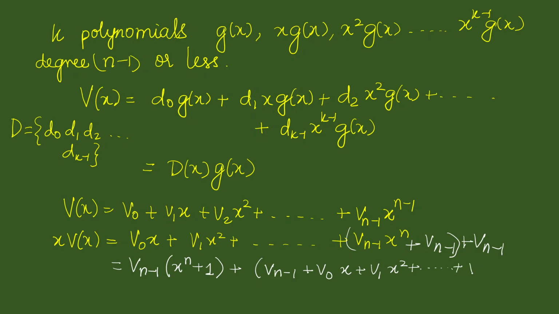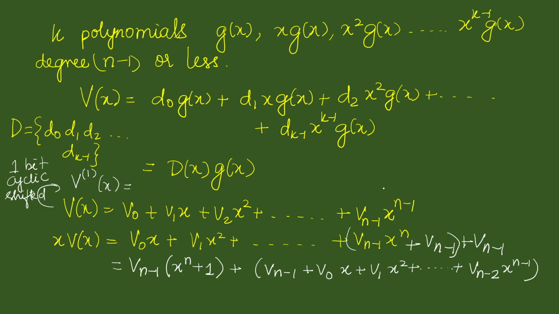The last one would be v of n minus 2 into x raised to n minus 1. If you look at the cyclic shift of this code word, if you do the cyclic shift by one position, I'm writing it over here at the top. This is the 1-bit cyclic shifted version.